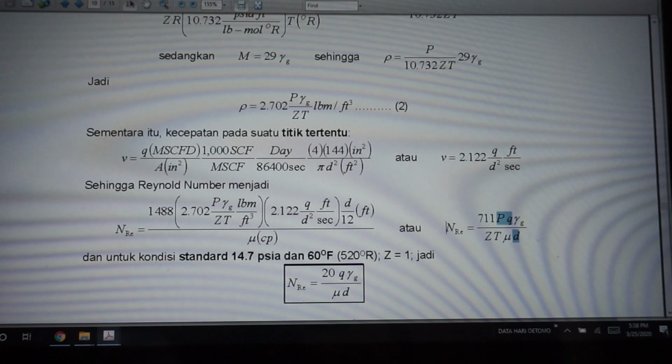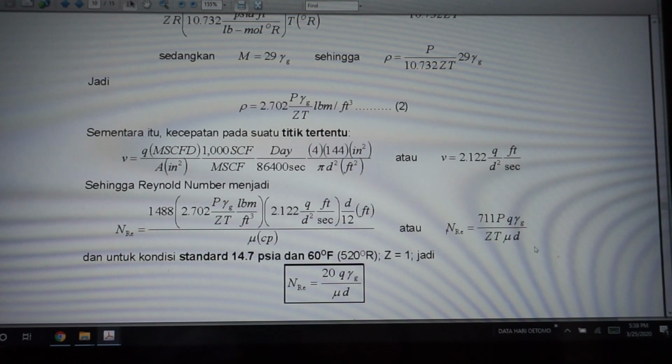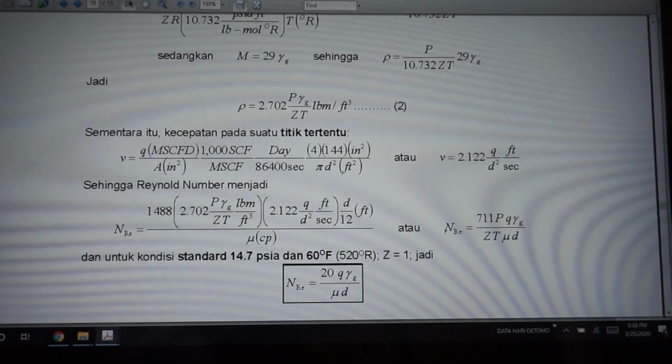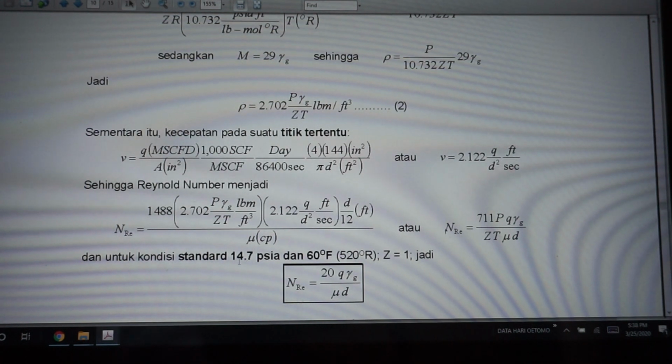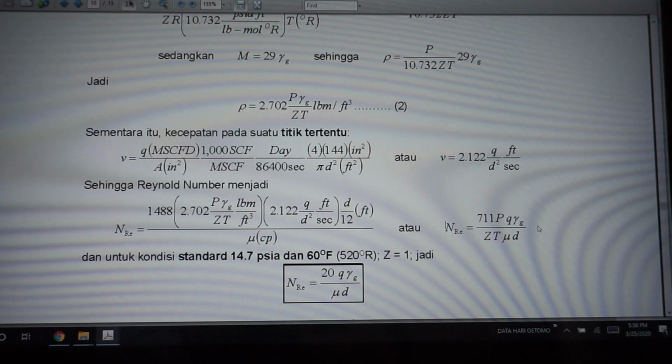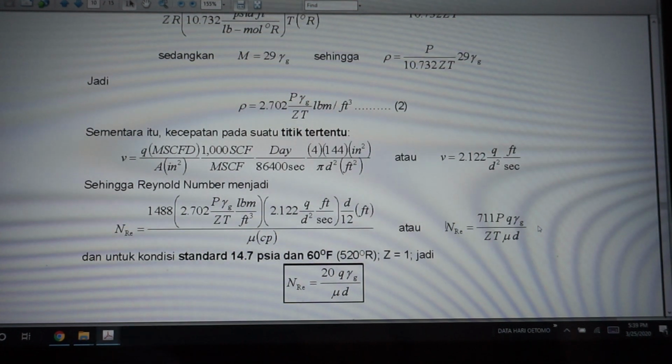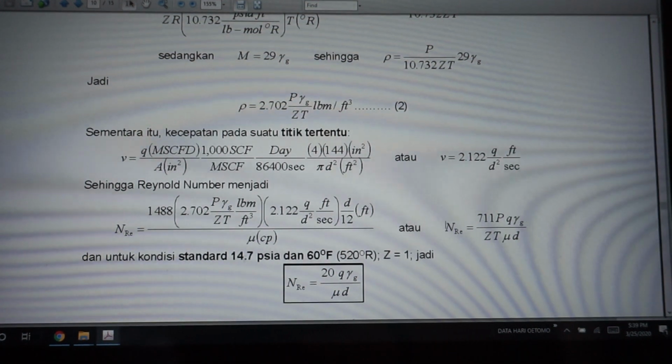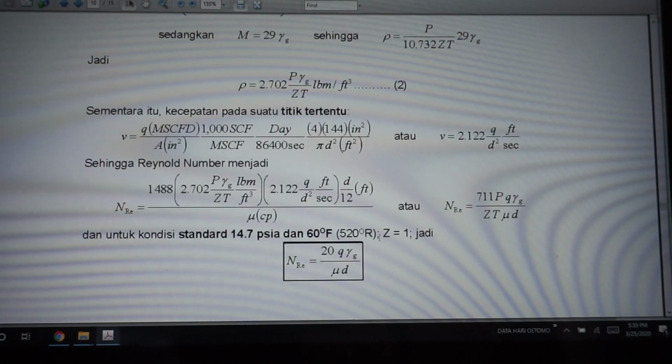Remember this equation, which, if we have a standard of 14.7 and 60 degrees, gives this Reynolds number: 20 q gamma g over mu d. Remember that we are evaluating at the pressure and temperature, which is usually higher than these two.